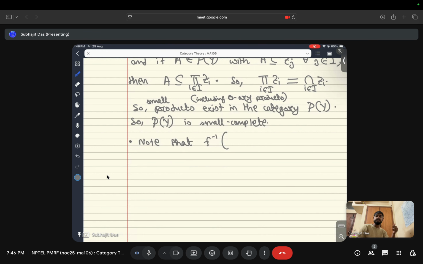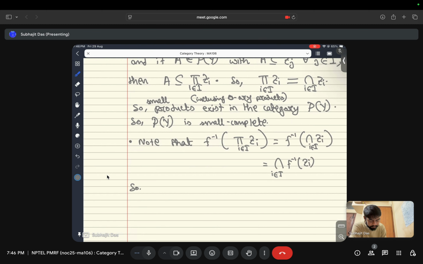Checking for equalizers is automatically true. You just need to verify for products. So note that F inverse of the intersection of Zi, i in I, is exactly the intersection over i in I of F inverse of Zi. This is a fundamental property of inverse images under a map.